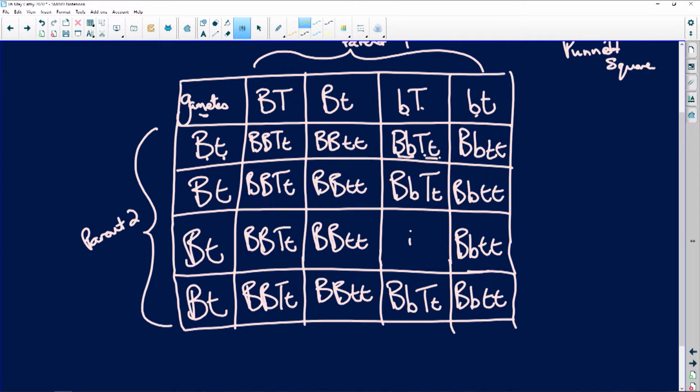Genotype 1 has to be capital B and little b and capital T and little t. Or you can just look at every one of these, because the rows are the same. Why? Because each row down is going to be the same every time for those 4 blocks.